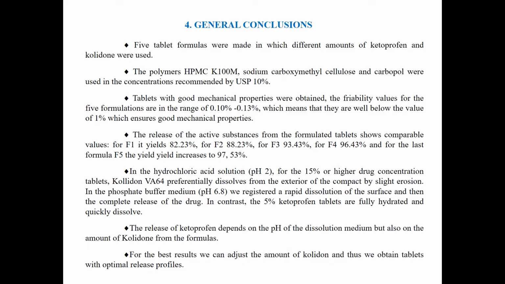We obtained tablets with good mechanical properties, for which the friability values range between 0.1 and 0.13. The release of active substance from the formulated tablets ranges between 82.23 for the first formula and 97.53 for the last formula, F5.